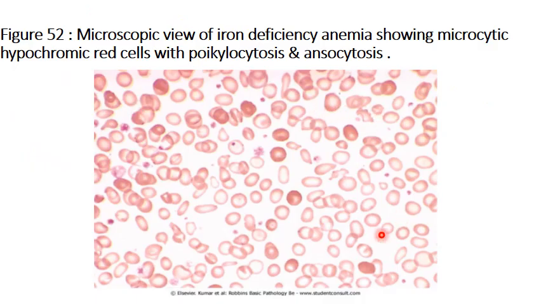This is actually the microscopical view of the iron deficiency anemia. Look at the size of the RBCs. At the same time, the shape, there's anisopoikilocytosis, hypochromic microcytic. Look at the size, it is very small.